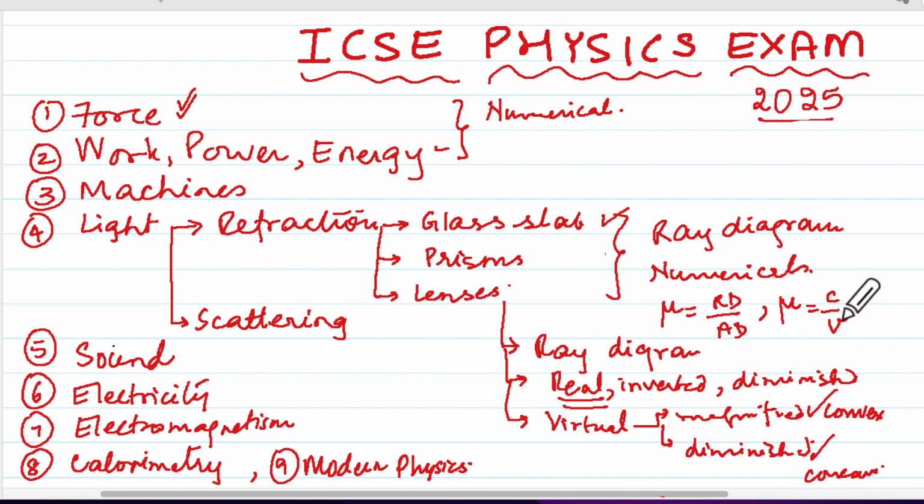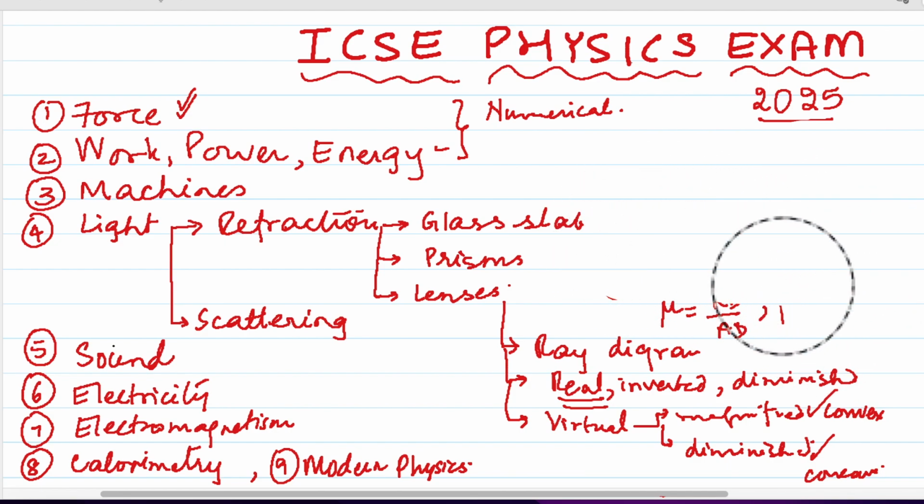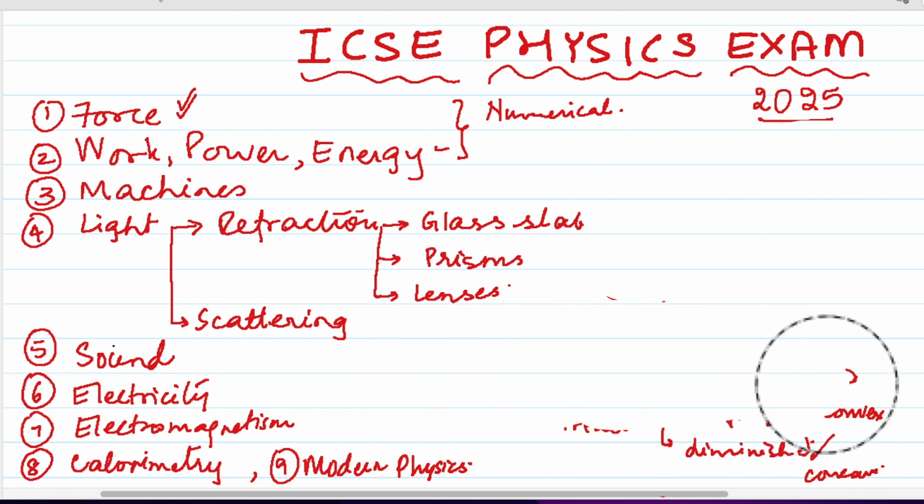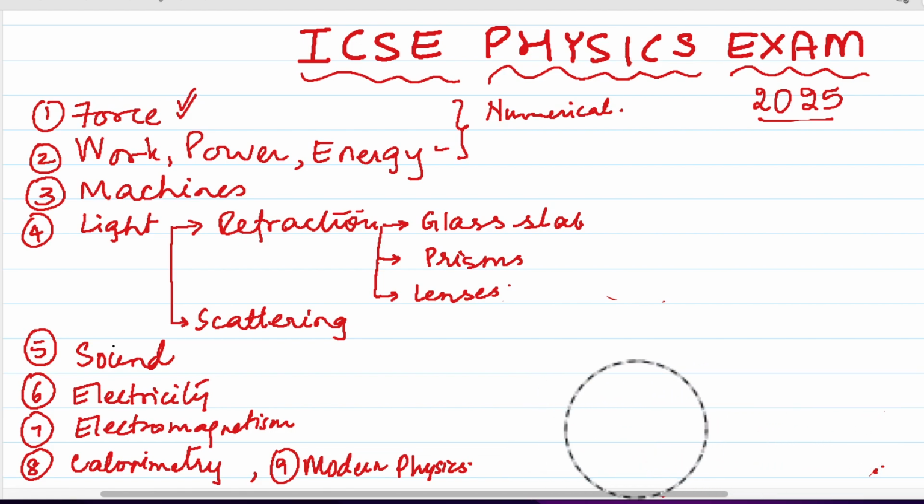Prepare them. Scattering of light by and large is a theory type part of the syllabus. No numericals will be based on that, but you must know what are the factors on which scattering depends. The intensity of scattered light is inversely proportional to the wavelength to the power 4. So more the wavelength, less will be the scattering.